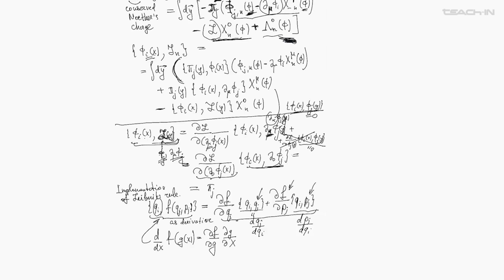And this derivative I can take out of the Poisson bracket because it's a derivative with respect to a spatial direction, and it does not concern the variable x because it's a derivative with respect to y. Then what I will get is the derivative d_y acting on the bracket of phi_i on x, phi_j on y. And I know that this is 0.